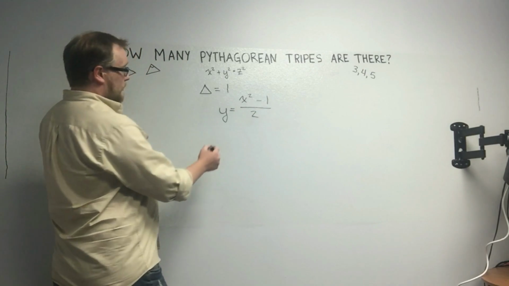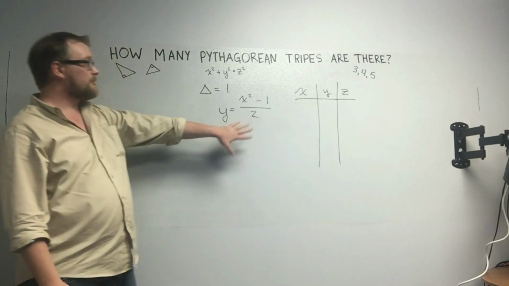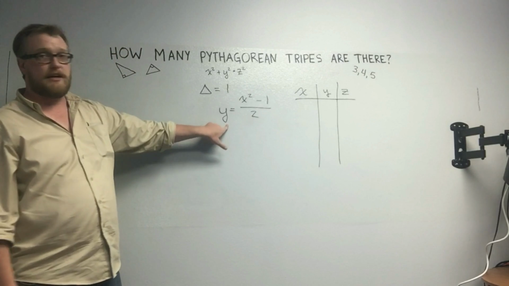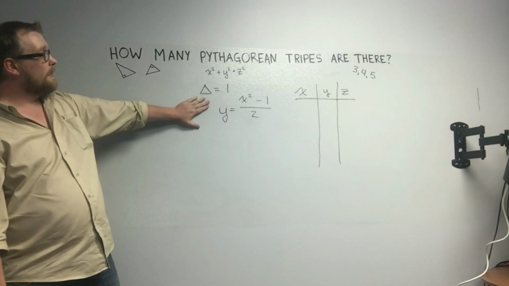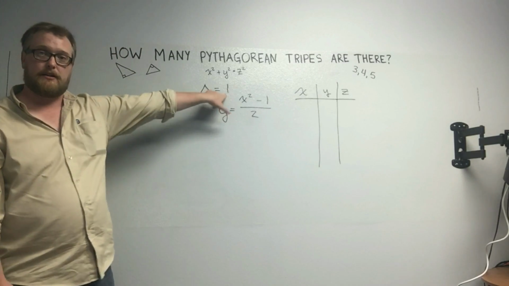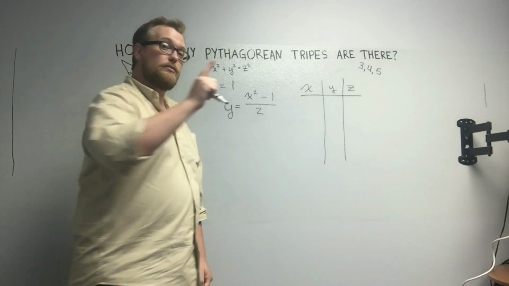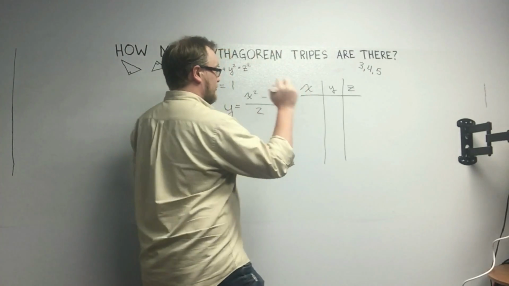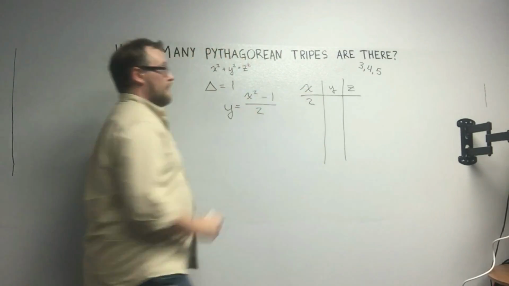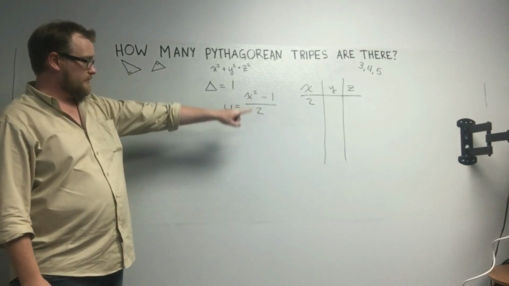Now if we make an XY chart, we can start throwing in numbers to figure out our y. What I like to do to start off with is double delta. So 1 times 2 is 2. Alright, so that's 2. And then let's figure out what y is.